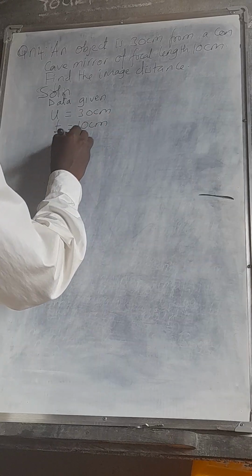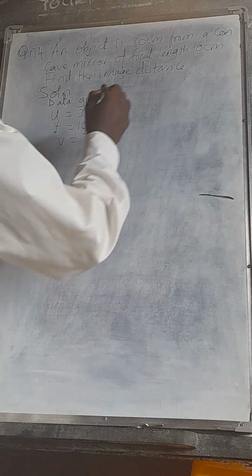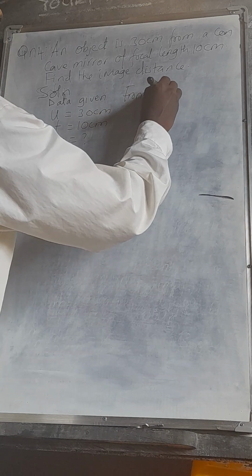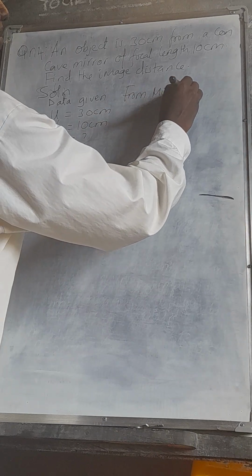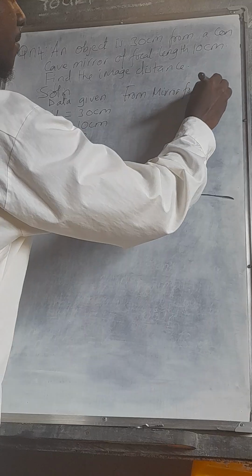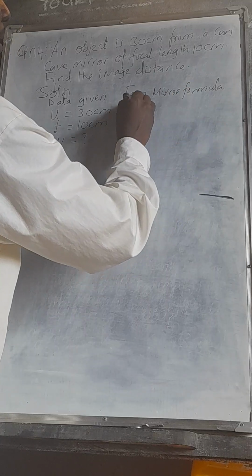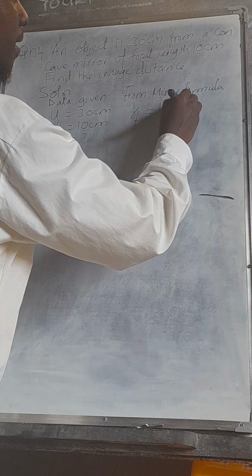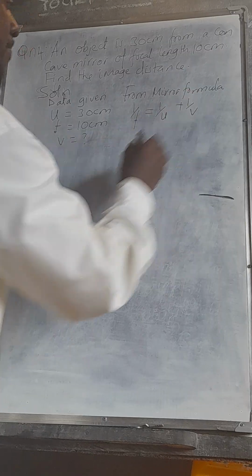What will be the image distance, denoted by v? Now it is important to recall the mirror formula. The mirror formula says 1 over f is equal to 1 over u plus 1 over v.